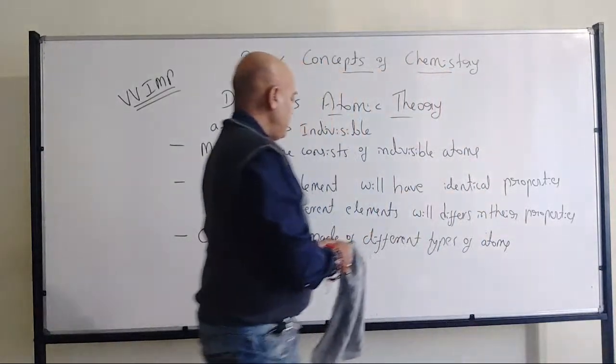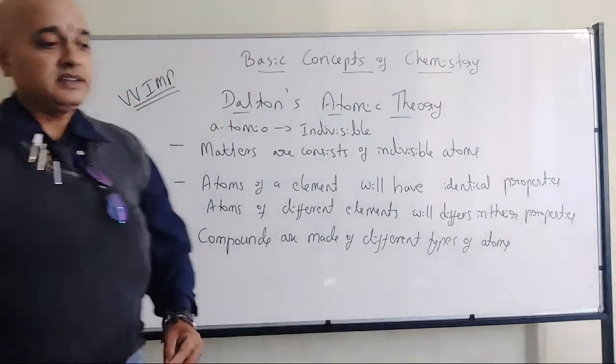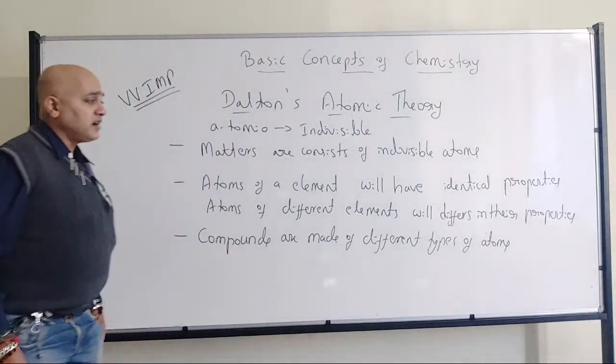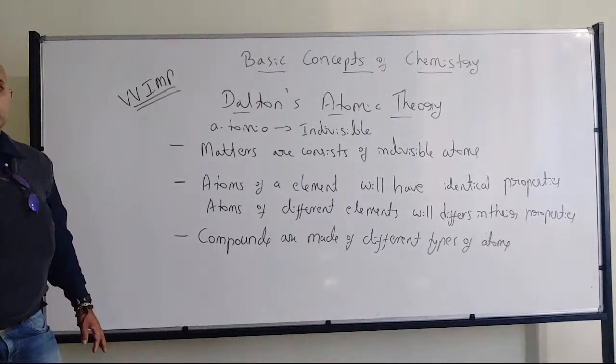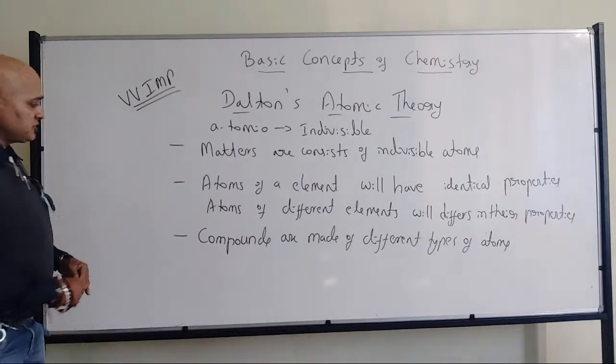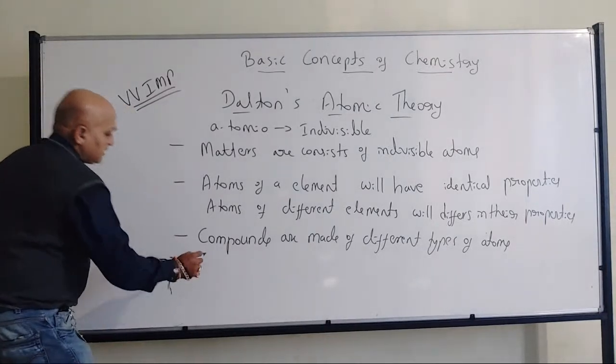Okay? So that's what it tells. Next point: compounds will be formed with respect to different types of atoms. Okay? All of you have understood? So that is the next one.